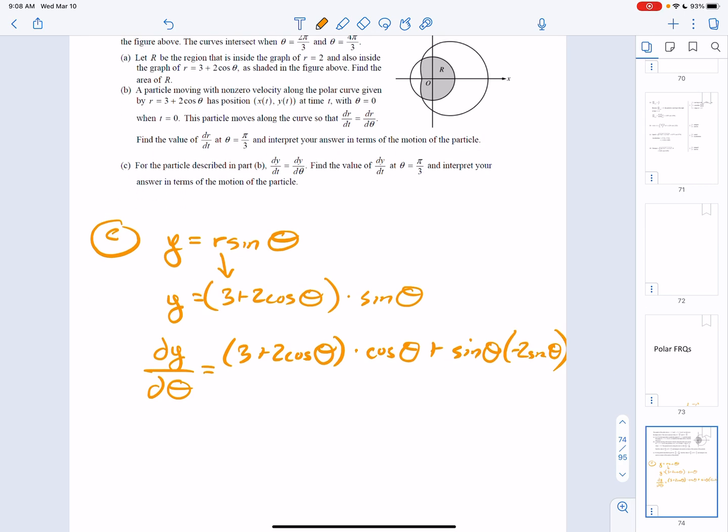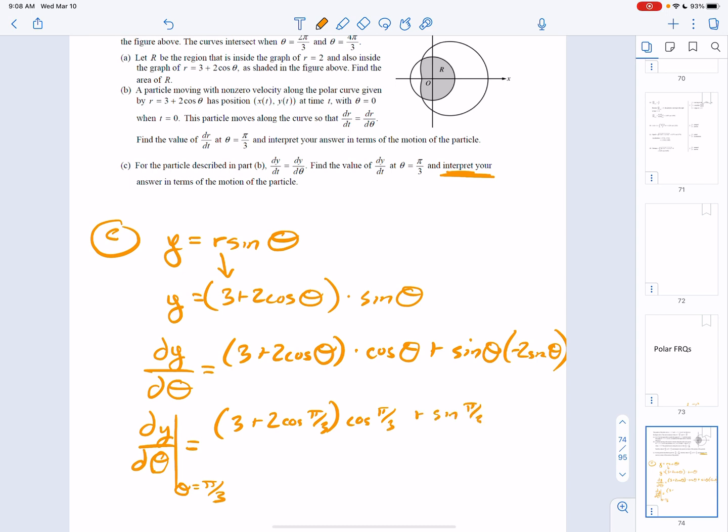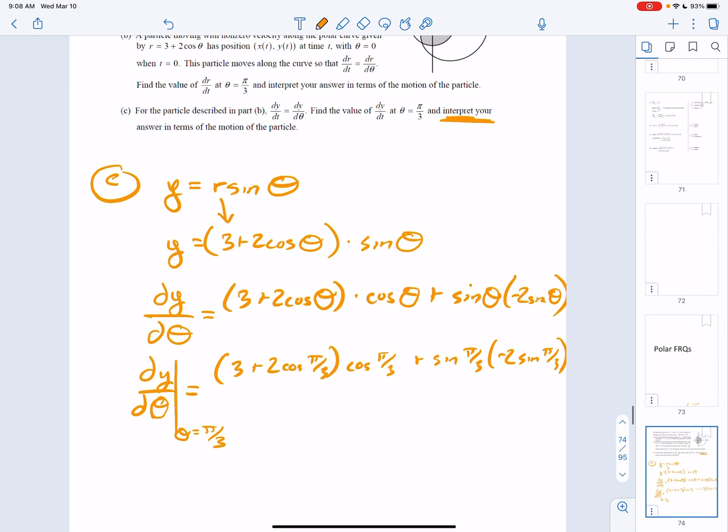And normally I would just plug it and leave it, but they're also asking me to interpret. So I'm going to kind of work this out a little bit here. So evaluating this at π/3, this is going to be 3 plus 2 times the cosine of π/3, times the cosine of π/3, plus the sine of π/3 times negative 2 sine of π/3. Instinctively, I would use a calculator because there's a lot going on here, but let me see if I could kind of figure this out.